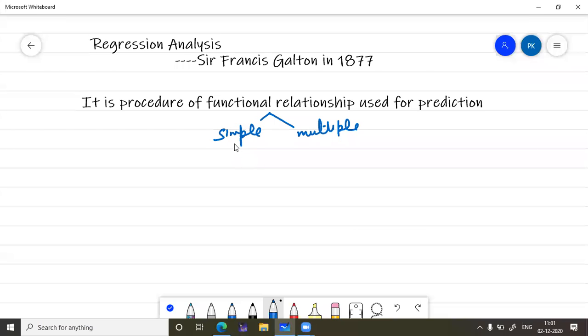If we are talking about simple regression, we develop a functional relationship between two variables. Suppose we have two variables x and y, and x influences the value of y. Then x is the independent variable and y is the dependent variable.